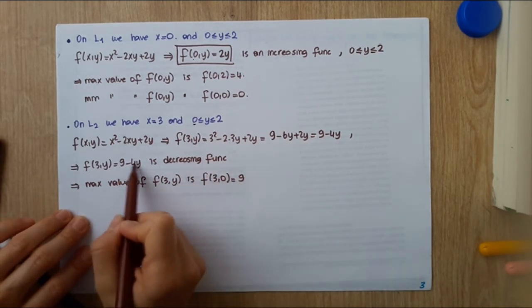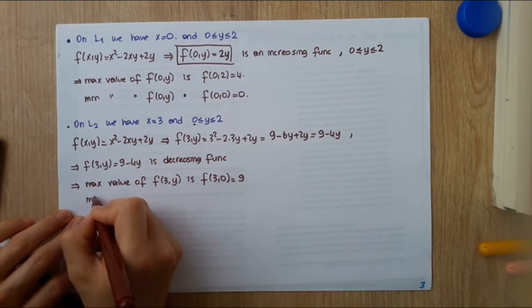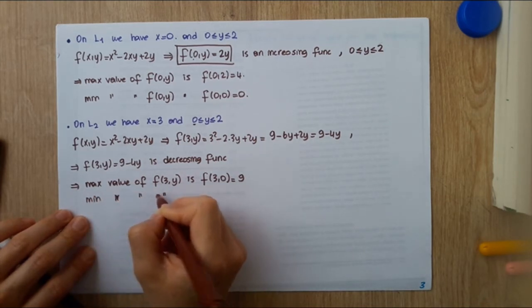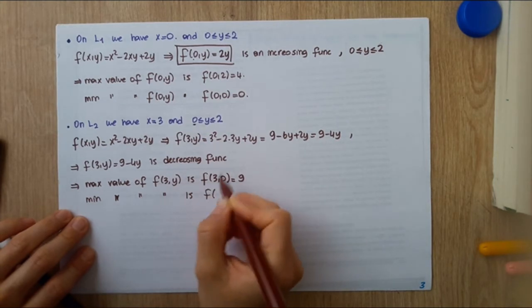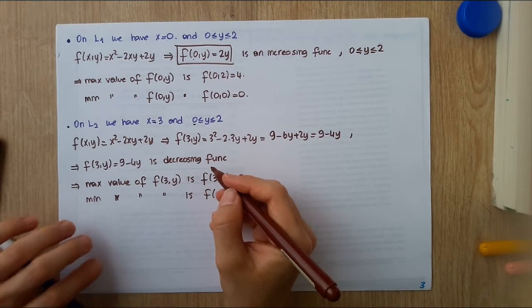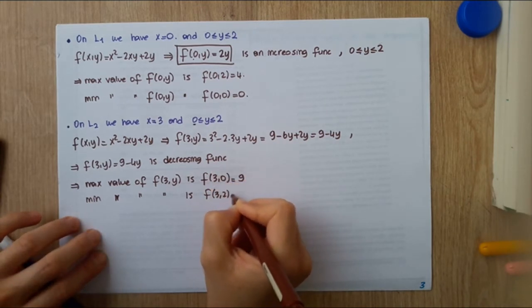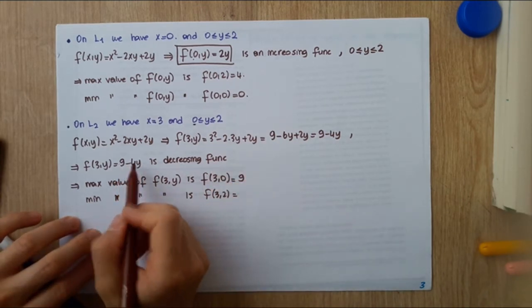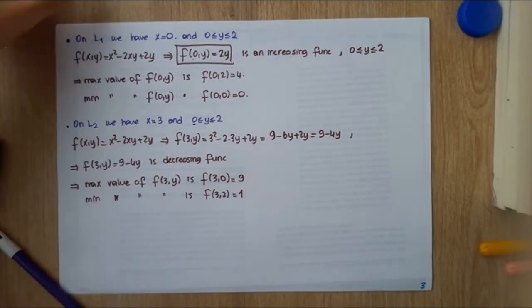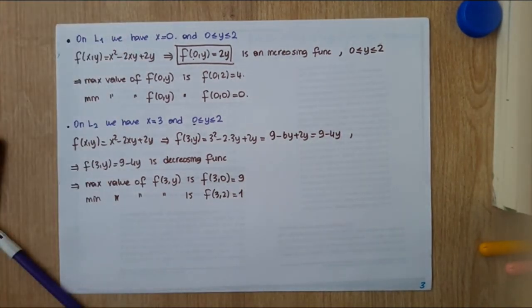Just substitute 0 here. And the minimum value of this function occurs when y is 2, f of 3 2. If you substitute 2 here, 9 minus 8 will be 1. Okay, so on this boundary we also obtained the needed results.